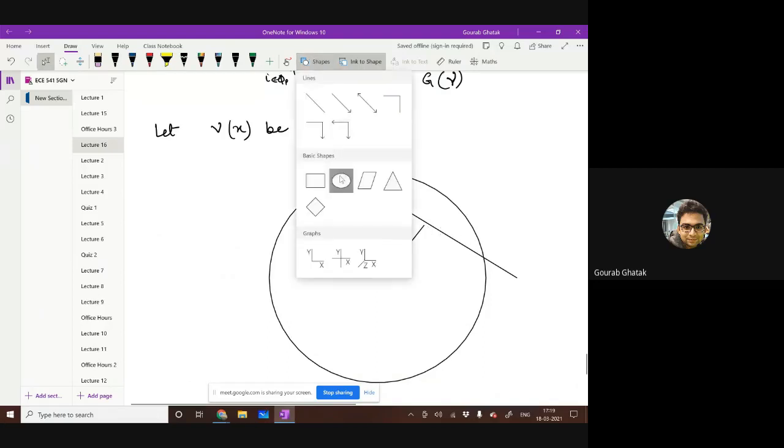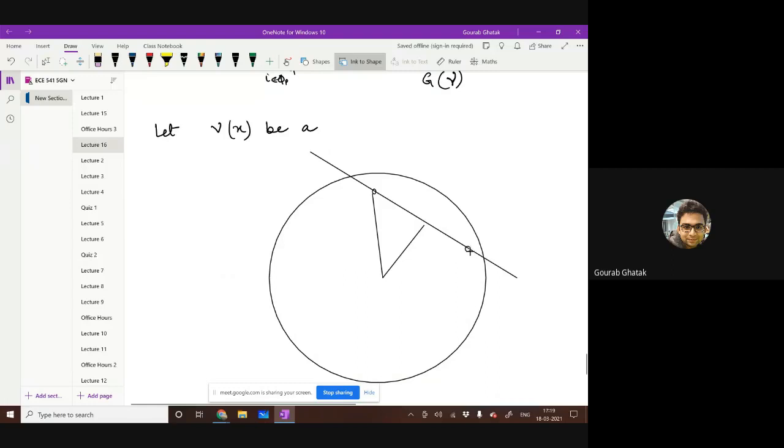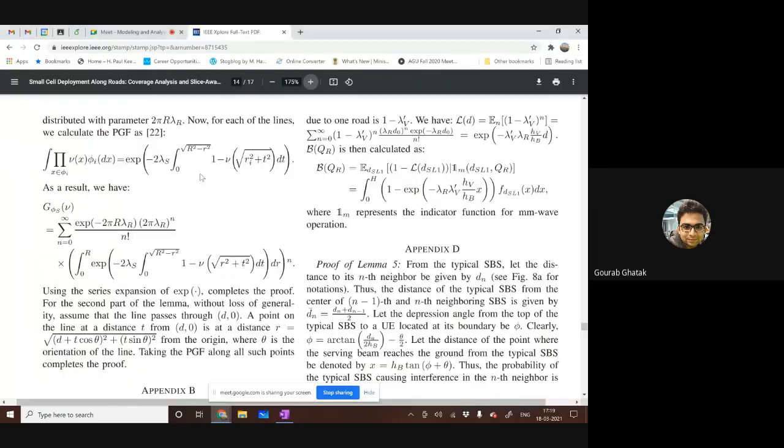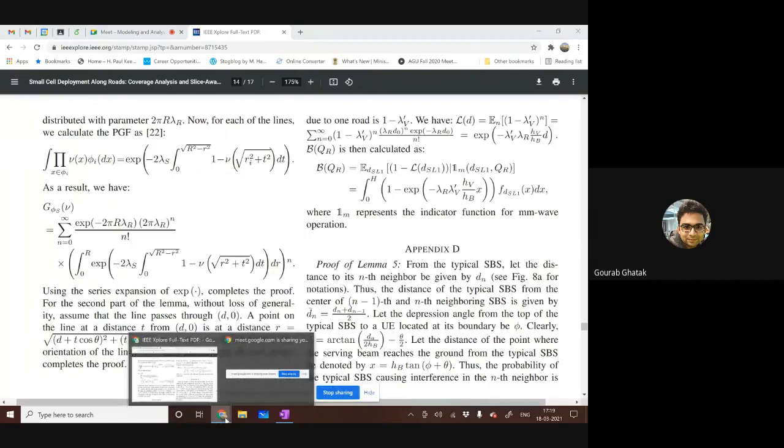If I draw another point here, both these points, being at the same distance from the foot of the perpendicular, are at the same distance from the origin itself. So it's enough to look at only one part of the line.